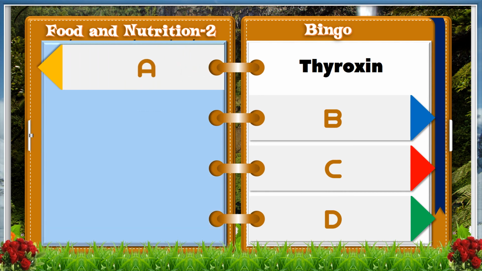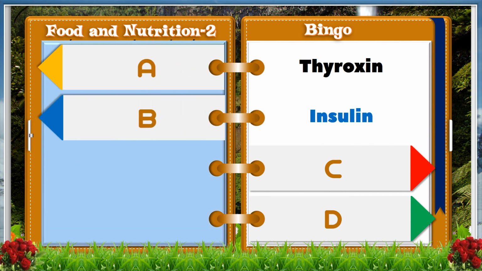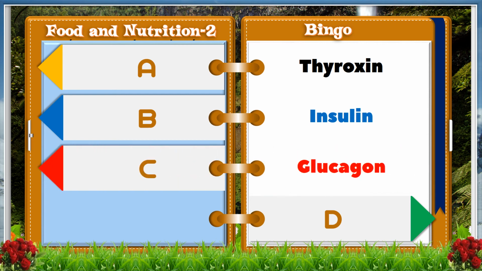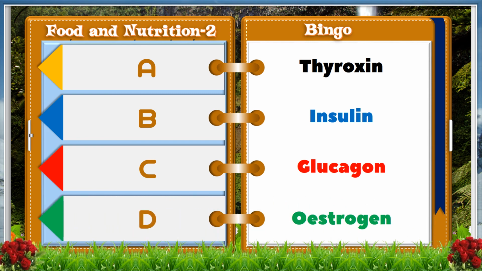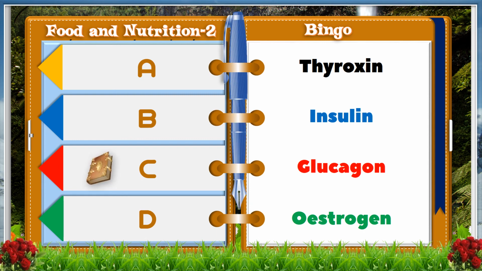A, thyroxine. B, insulin. C, glucagon. D, estrogen. And the answer is C, glucagon.